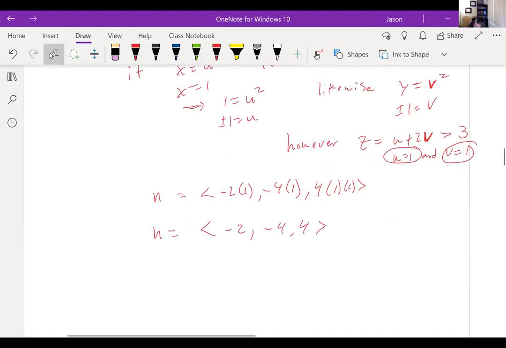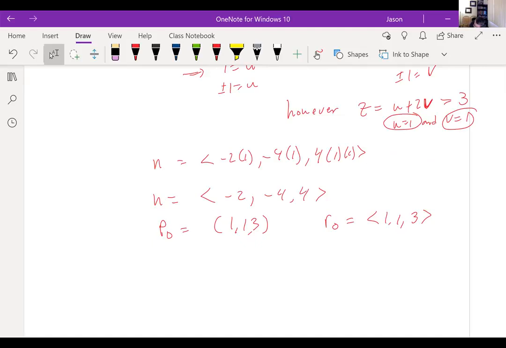Okay, but my original point, I'll call this P naught, is equal to (1, 1, 3), which means that R naught is equal to (1, 1, 3). And so we can use the equation of a plane, its normal vector and its point.